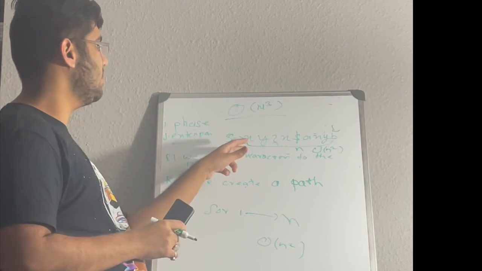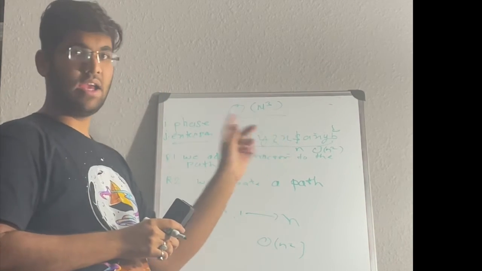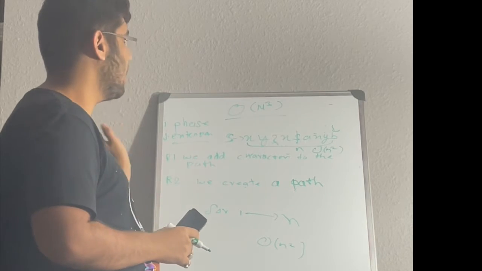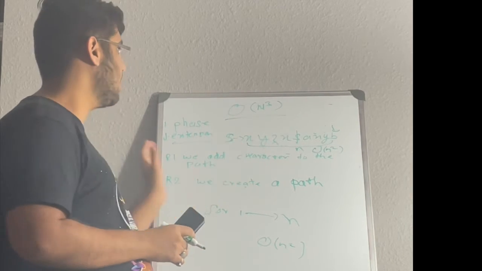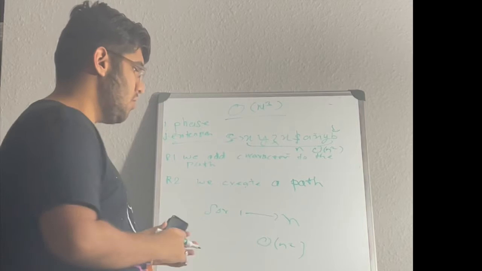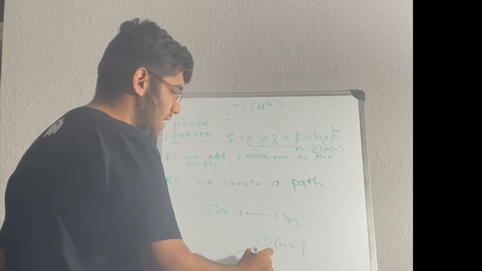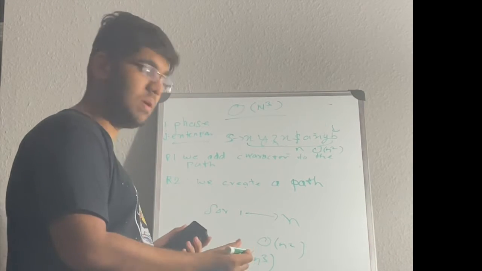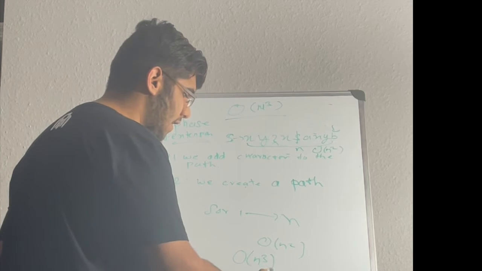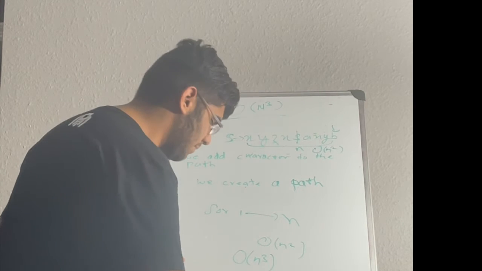Basically for each phase, n phases, we have n extensions, and then this will happen for n times. So basically this is big O of n cube, or what people say, big O of m cube, where m means the phases.